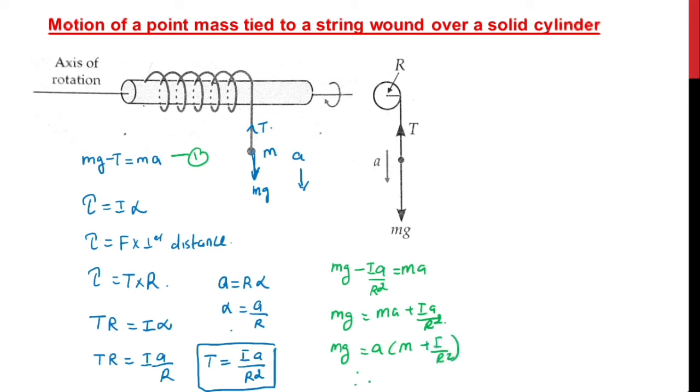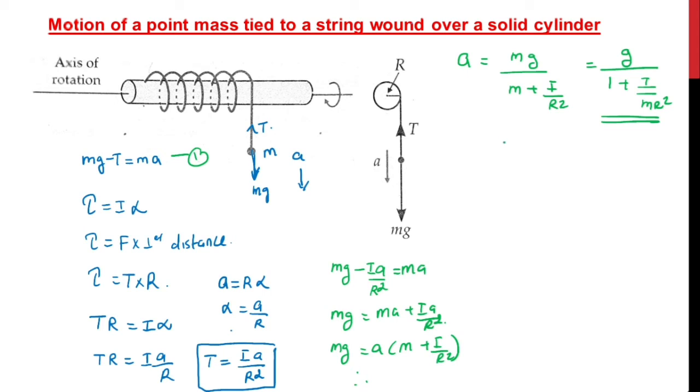Therefore, the acceleration a is equal to mg divided by m plus I by R square. This is the acceleration formula. Once again, if you take the mass outside, m cancels, so the acceleration is equal to g divided by 1 plus I by m R square. This is the acceleration formula for the point mass.